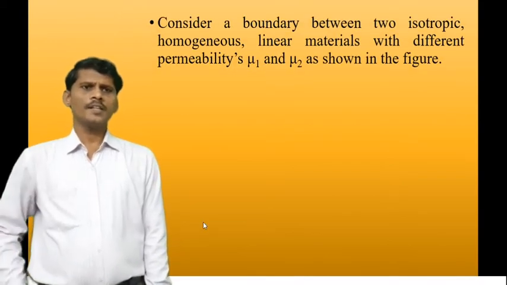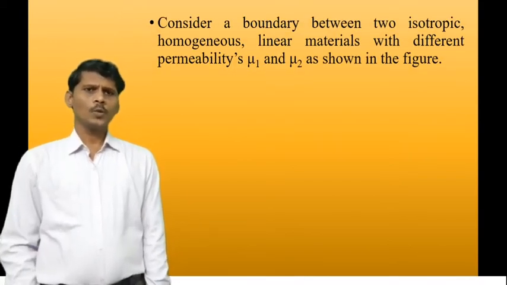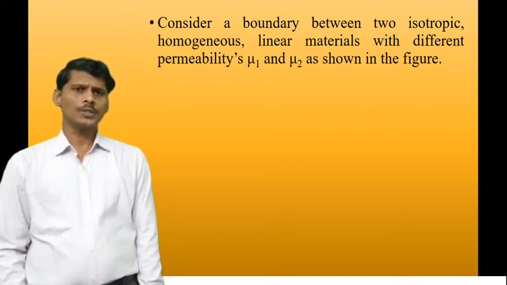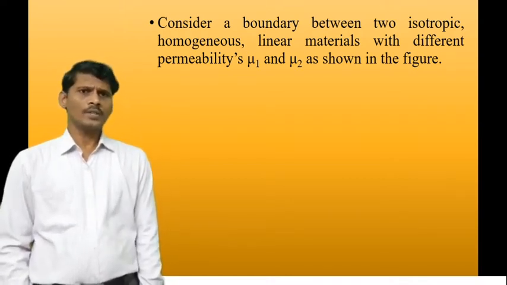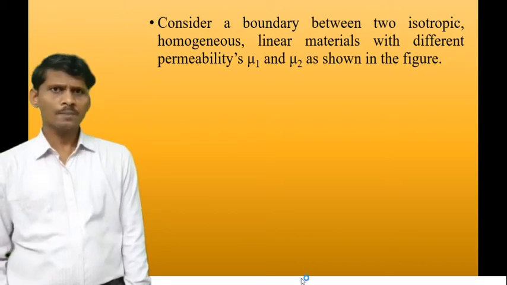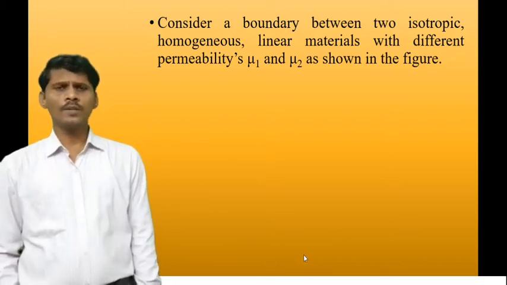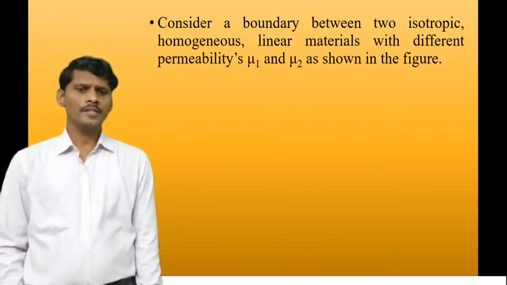So consider a boundary between two isotropic materials, or two homogeneous or linear materials with different permeabilities. In region 1 the permeability is mu1, and in region 2 the permeability is mu2.